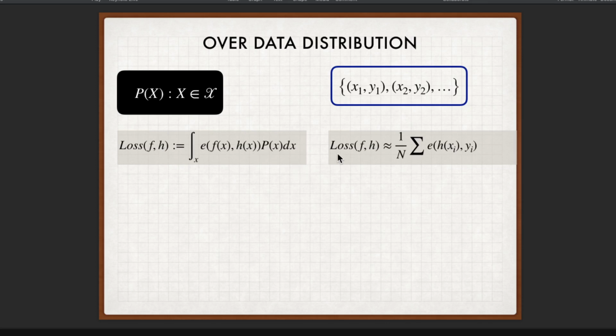What is available to us is we can compute the difference between the given value of the desired target function and the prediction by some hypothesis over given training examples. So we can compute the empirical estimation of the overall error measurement.